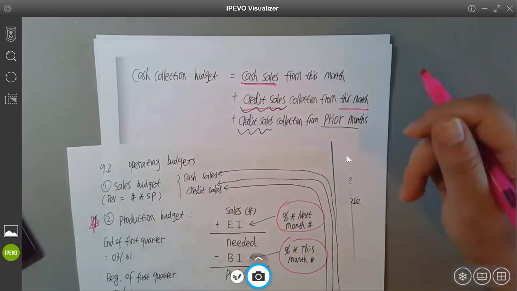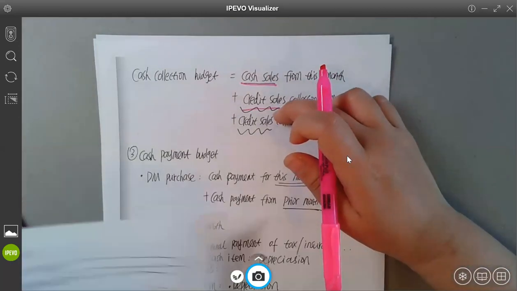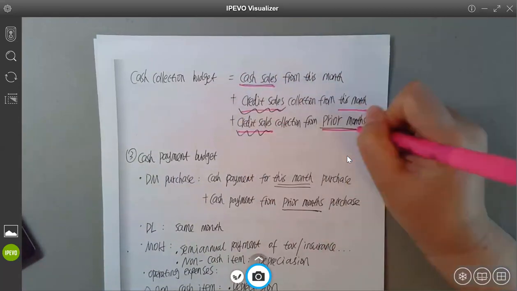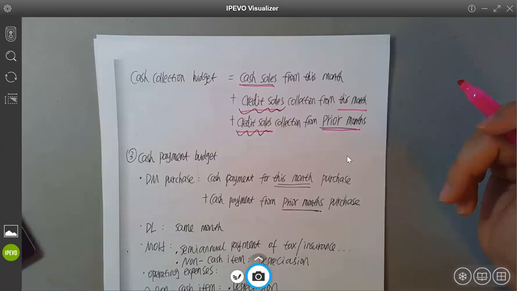So 20% of March credit sales will be collected. And you also have credit sales collected from the prior month. In February, you gave them credit sales, and you collected part of this in February, but you will collect some in March. So March collection includes February credit sales.